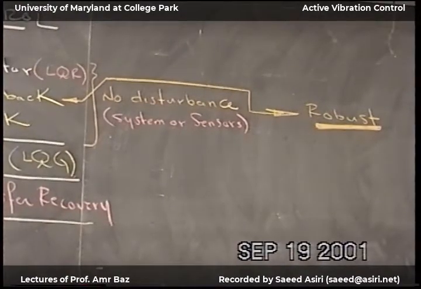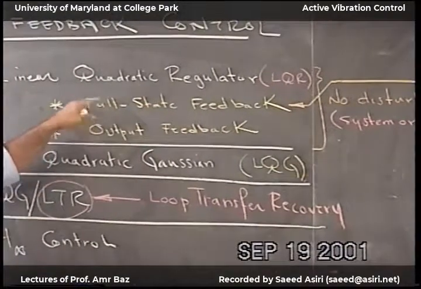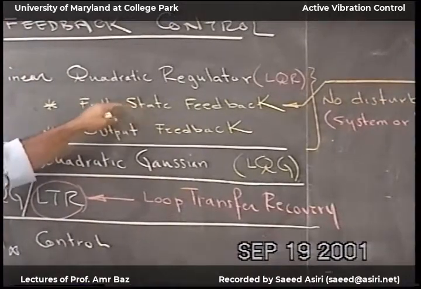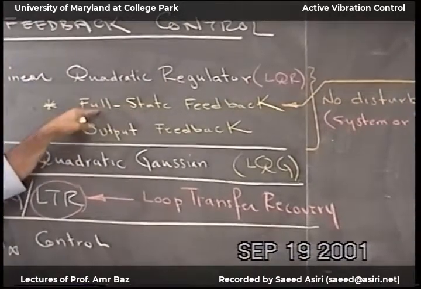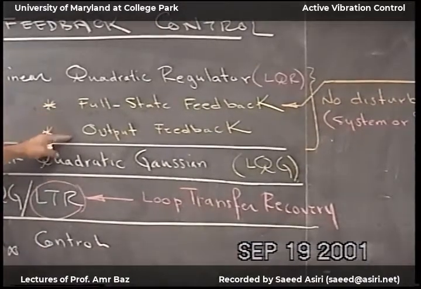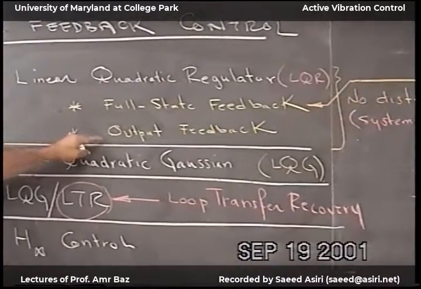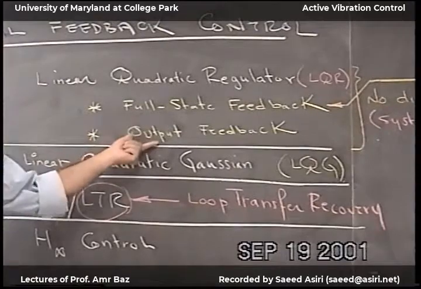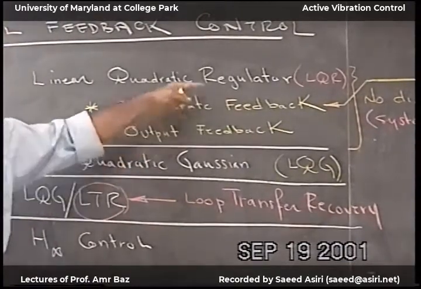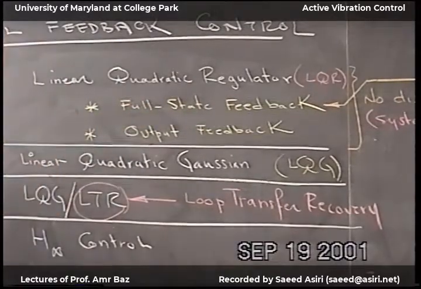But it's not practical, because this says that we have to measure everything. If we have any structure, we have to know every state exactly. We have to measure position, velocity of every point on the structure. But once you say I have only a limited number of sensors and actuators that I can put on the system, I can only use what I measure to do the control, then we lose the robustness. Then this system can go unstable very easily, unless we are very careful.